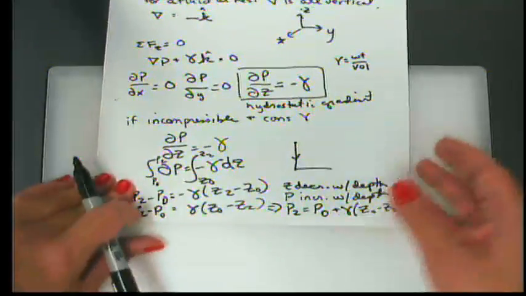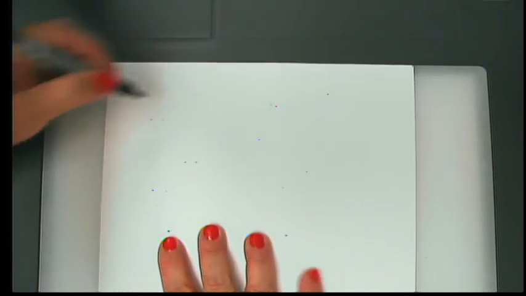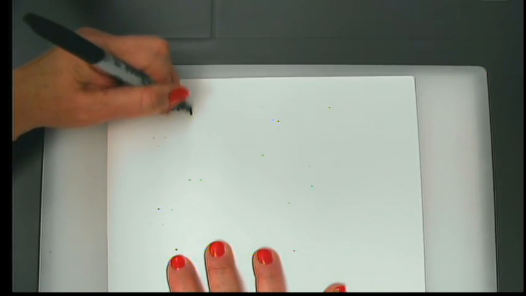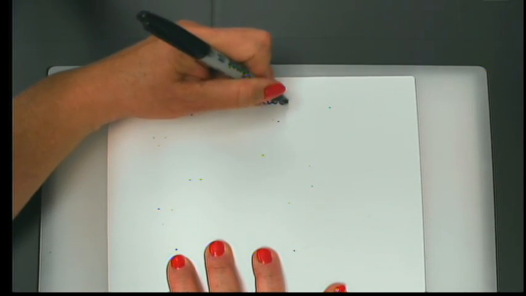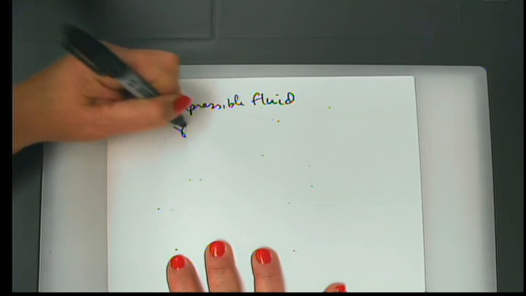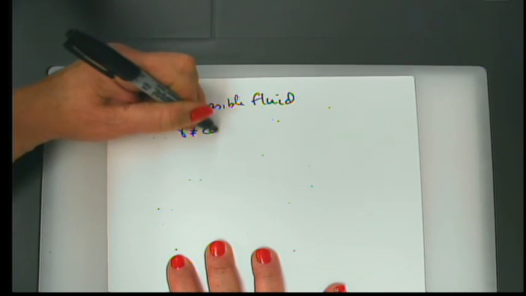But if the fluid is compressible, it's a little different. For a compressible fluid, that means that gamma is not a constant.